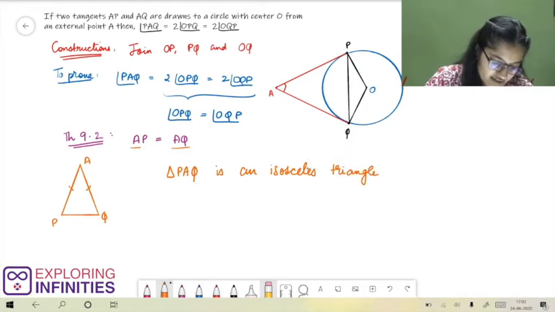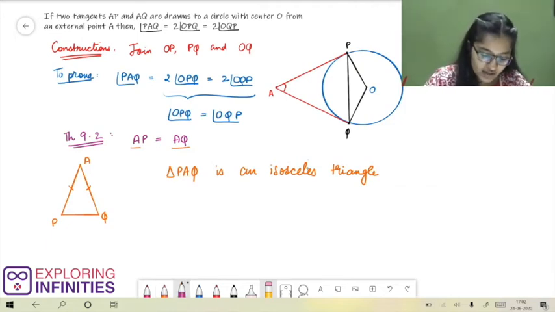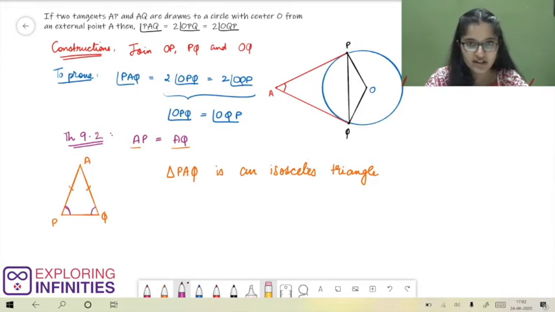We know that in an isosceles triangle, the angles opposite to equal sides are also equal. Here, the angle opposite to side AQ would be angle APQ and the angle opposite to side AP would be angle AQP. Hence, angle AQP is equal to angle APQ.